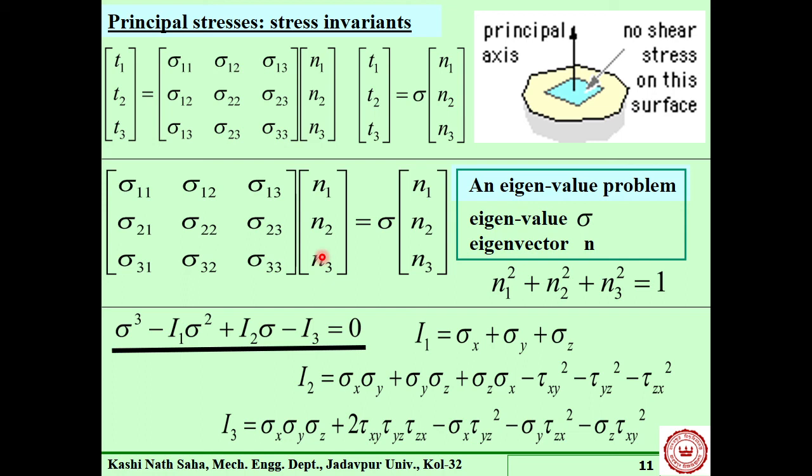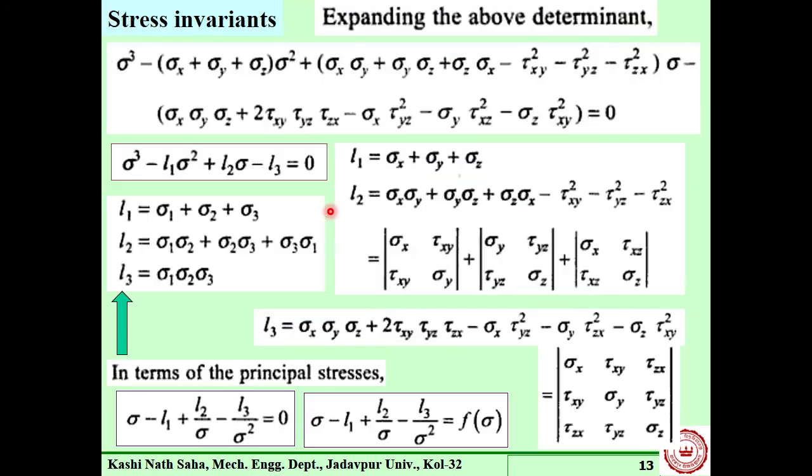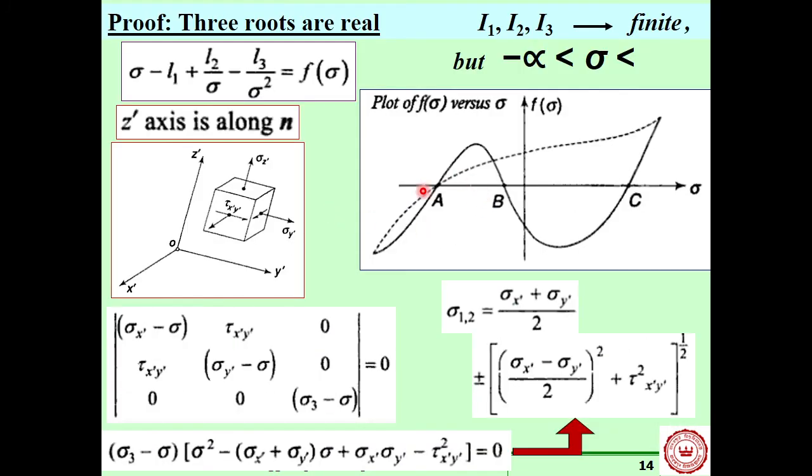Okay. Now, this state of stress matrix was developed for a given coordinate system x, y, z. Then we have evaluated a particular principal stress value and the corresponding direction cosines for that particular principal stress value.